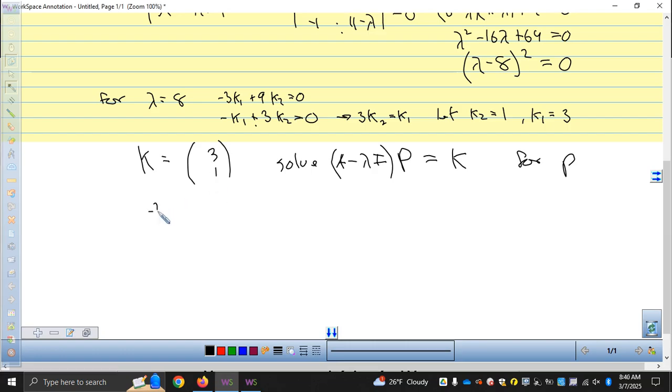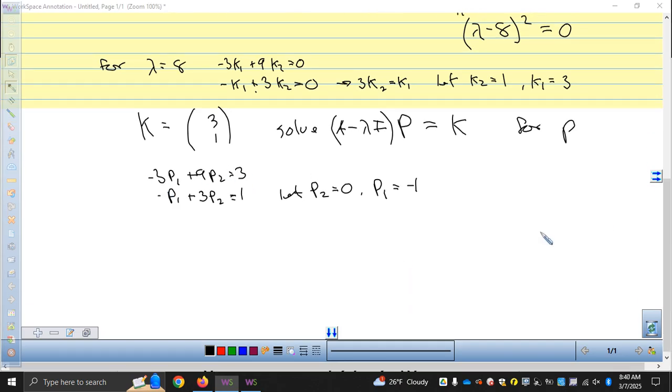So we get minus 3 p1 plus 9 p2 equals 3, and negative p1 plus 3 p2 equals 1. I just looked at this last equation because the numbers are smaller, and I just said let p2 equal 0 and p1 equal negative 1. That would also satisfy that first equation as well. So we get p is negative 1, 0.